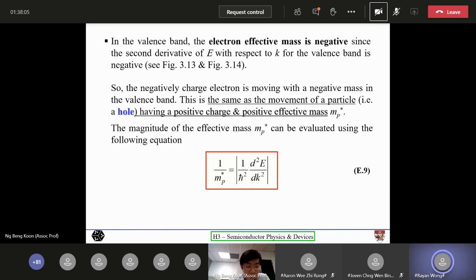Then for the conduction band, would the effective mass be the same? Will it have the same sign? Like, would it still be negative for the electron and positive for the electron hole in the conduction band? For the mass? Yeah, the effective mass. No, the effective mass is positive.